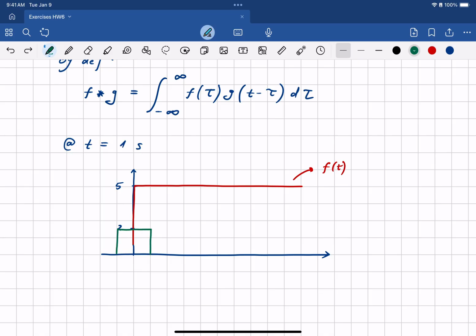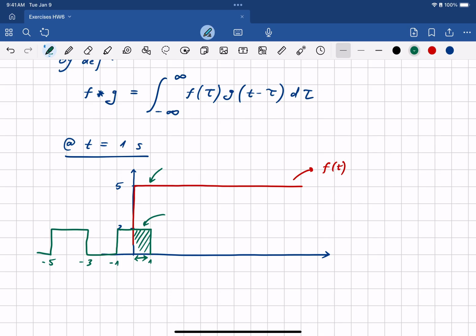T equals 1 second. And then so on, right? So this is going to be minus 1, this is going to be 1, this is going to be minus 3, this is going to be minus 5. So in the multiplication or in the integral, what we're taking is this value times this value around this time interval, right? That's what is happening.